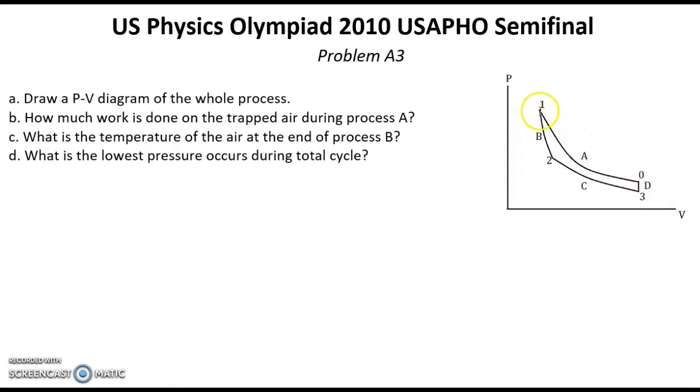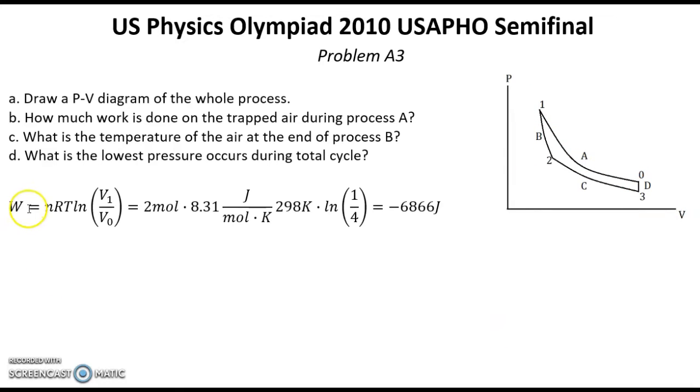Work equals number of moles multiplied by RT and multiplied by logarithm of V1 over V0.